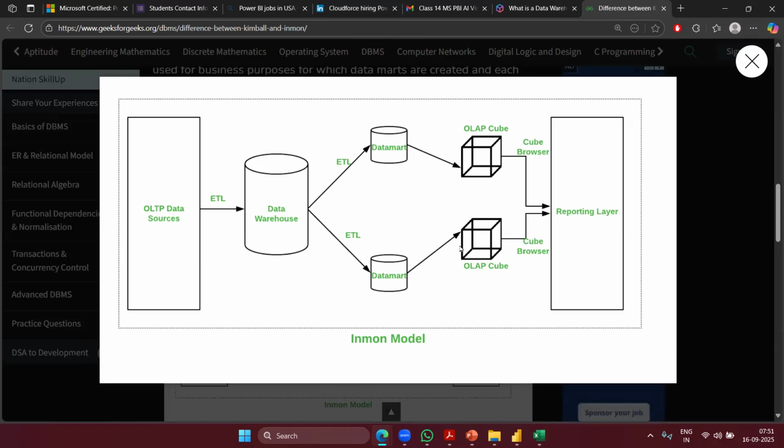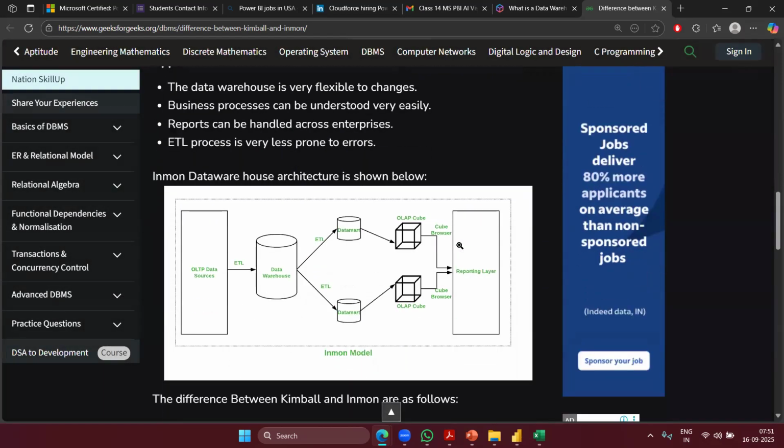I hope you got the basic understanding. Now, can you tell me which particular approach is the best one? A question to all of you. Okay, you will be saying that Inmon is better.